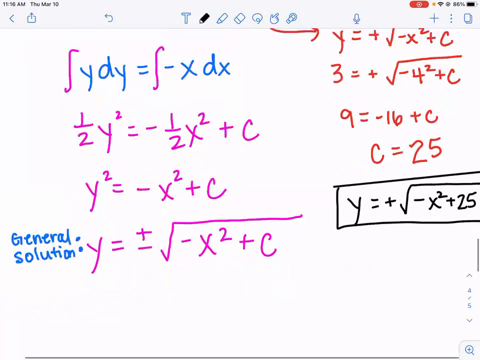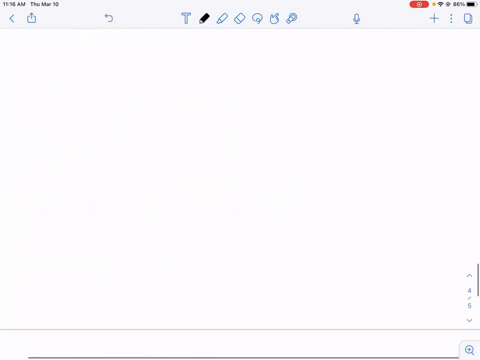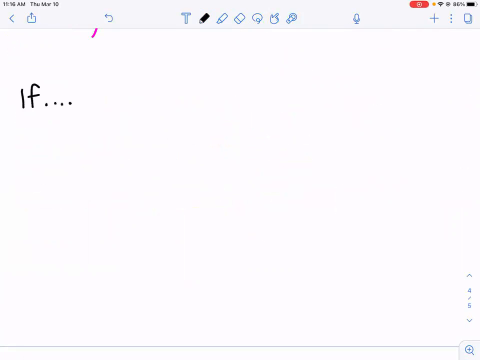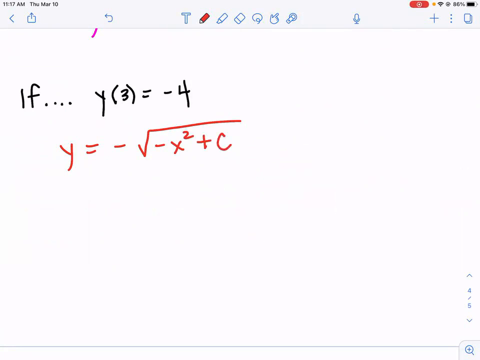Okay. Now let's talk about if we had the coordinate y of 3 equals negative 4. In this problem, we would have to choose y equals negative square root of negative x squared plus c.